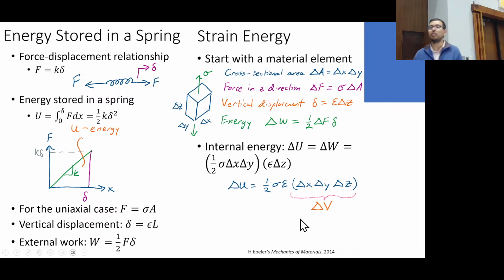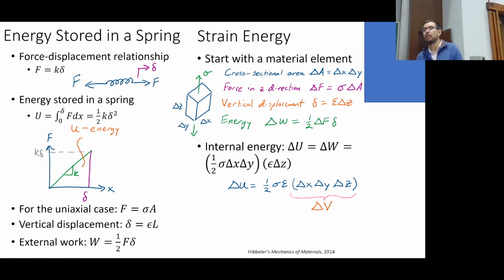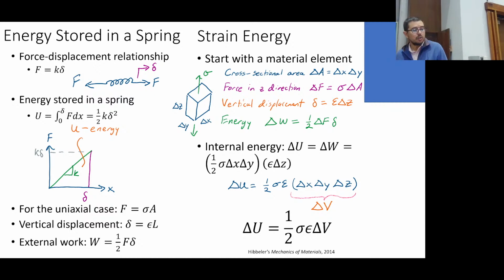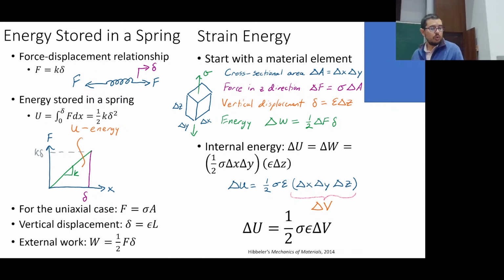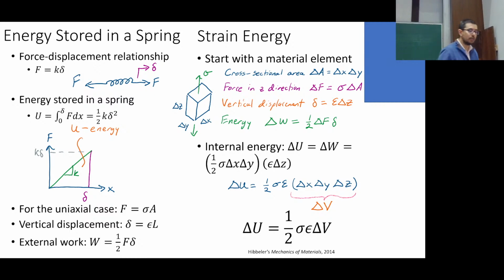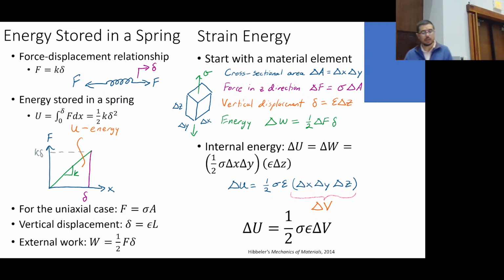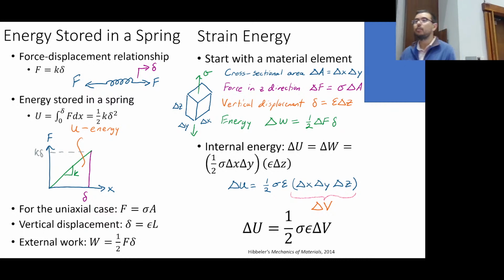That's the change in volume. Length times width times height. And so for a material element, we can say that the change in energy is going to be 1/2 sigma epsilon times delta V.